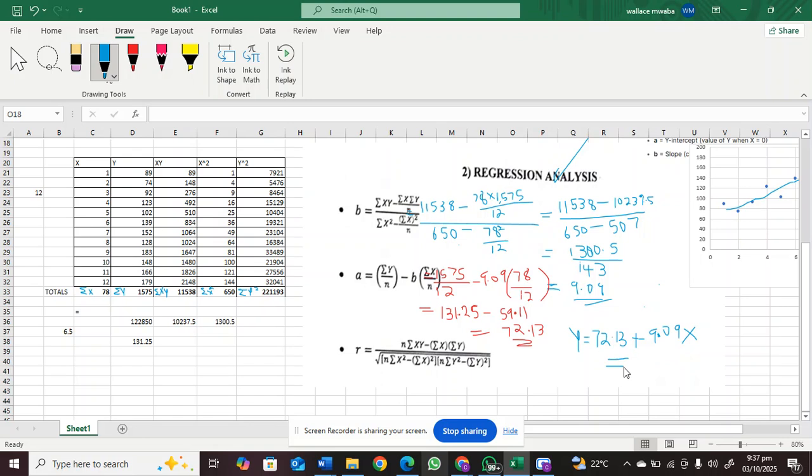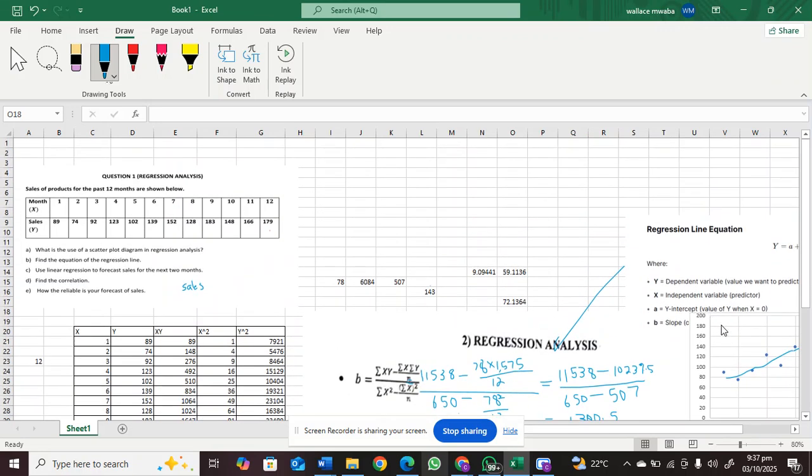A was just asking what is the use of the graph. And we said it's to see visually the relationship between the variables. And B, we found the equation of the regression line.